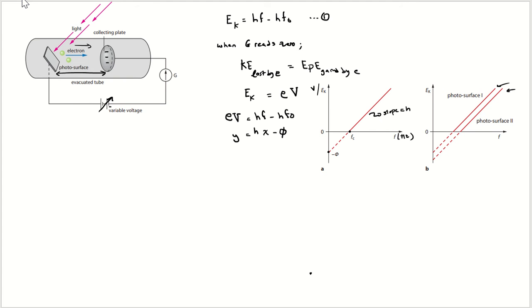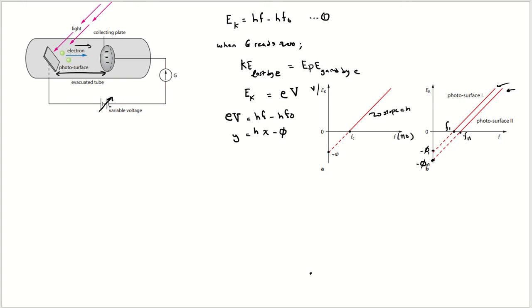But what's different is the work function. Photo surface 2 is going to have a higher work function than photo surface 1, and you can tell this from the cutoff frequency. Here the cutoff frequency of photo surface 1 is less than the cutoff frequency of photo surface 2.